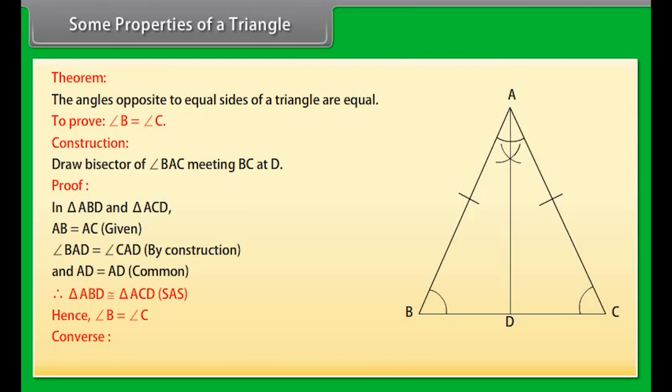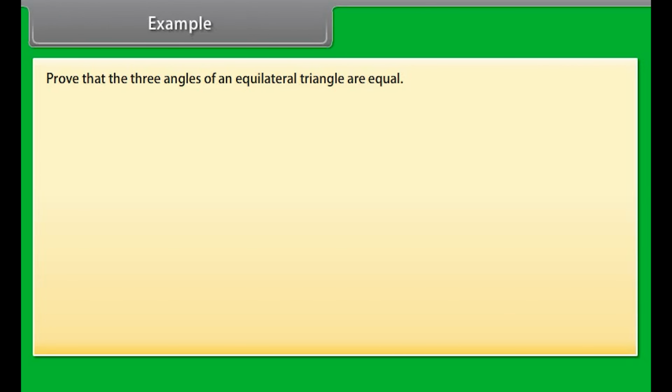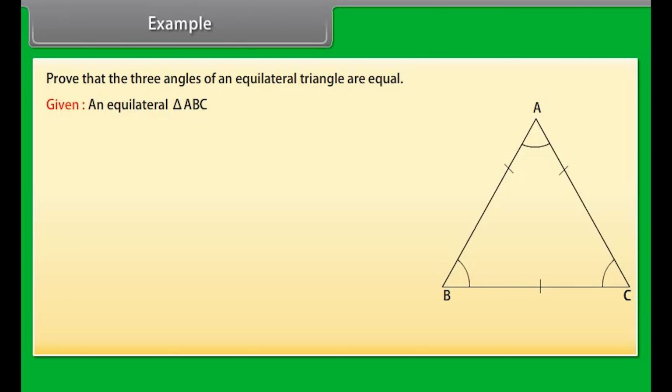The converse of the above theorem is also true, which says that the sides opposite to equal angles of a triangle are equal. Example: prove that the three angles of an equilateral triangle are equal. Given an equilateral triangle ABC, we have to prove that angle A is equal to angle B, which equals angle C. Proof. AB is equal to AC is given.